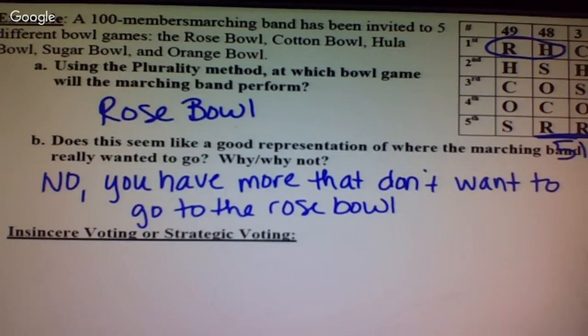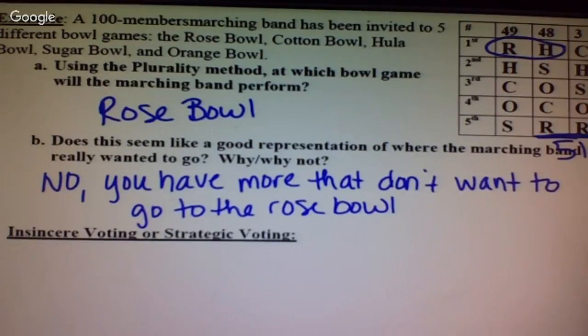Okay. So the last thing we need to talk about is insincere versus strategic voting, which is something that Zoe's already brought up. So she said, Trump, Hillary. That was my problem in this entire election. Which one's the lesser of two evils? Because I didn't like either candidate. So when you have people that don't like anybody that's running, you're going to pick the lesser of two evils.